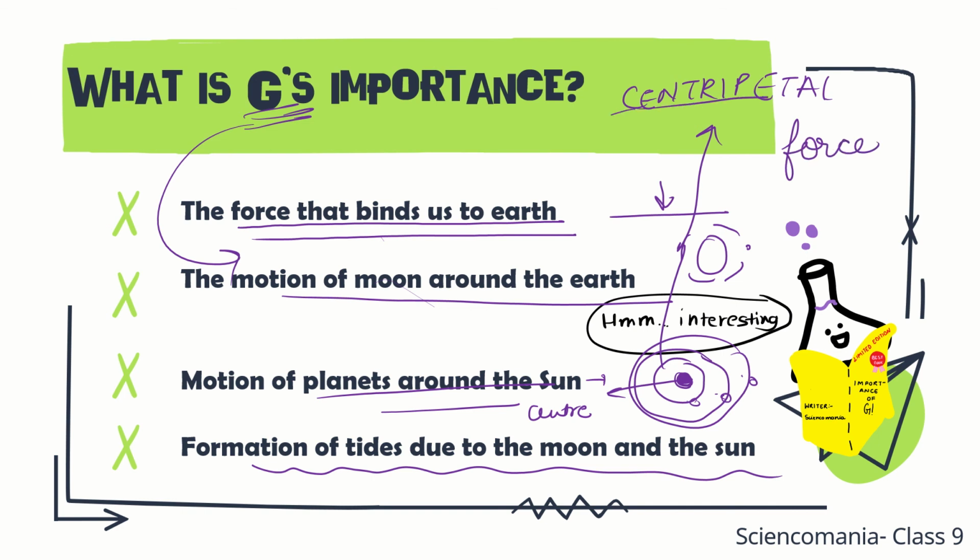Centripetal force means center seeking force. By its name, we can say that all the planets are revolving in their own orbits around the center, or the sun. It is due to the centripetal force that they are rotating like this and revolving like this.